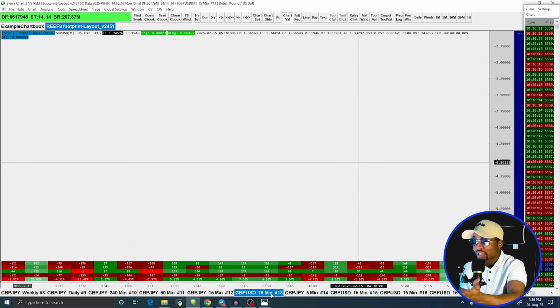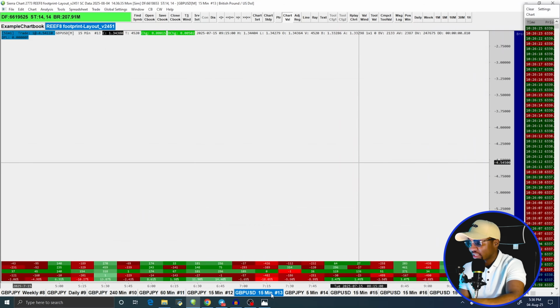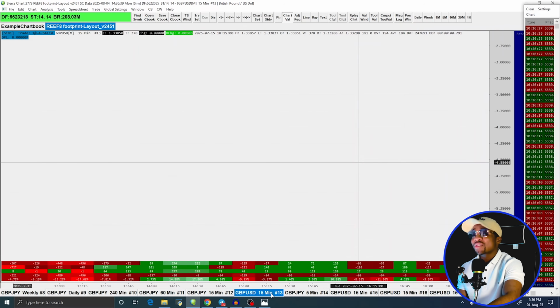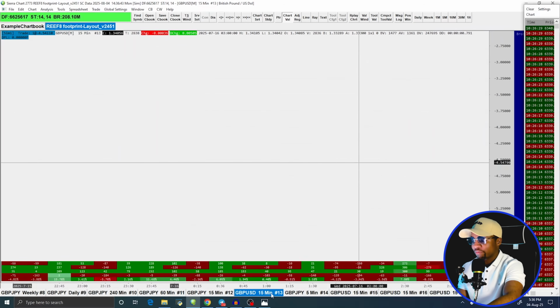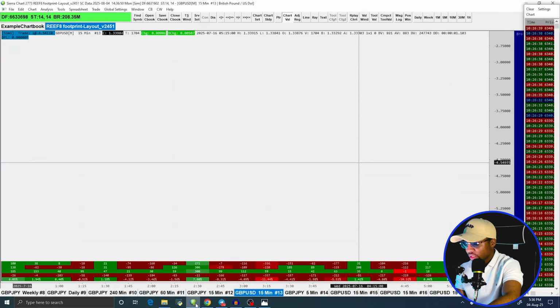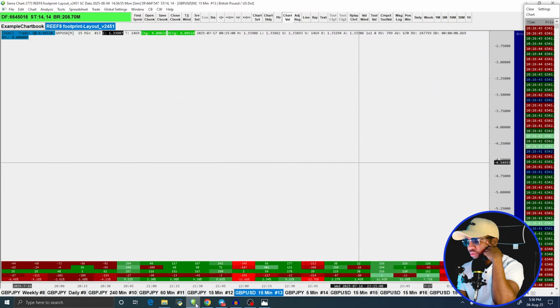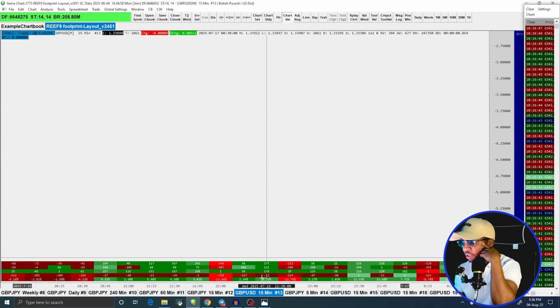But for me, I don't follow the session timings most of the time, because those are myths. So I trade when I get the opportunity. So we want to look at this chart from exactly where price tapped into this zone. And you can see when price tapped into that zone, we started looking for what?